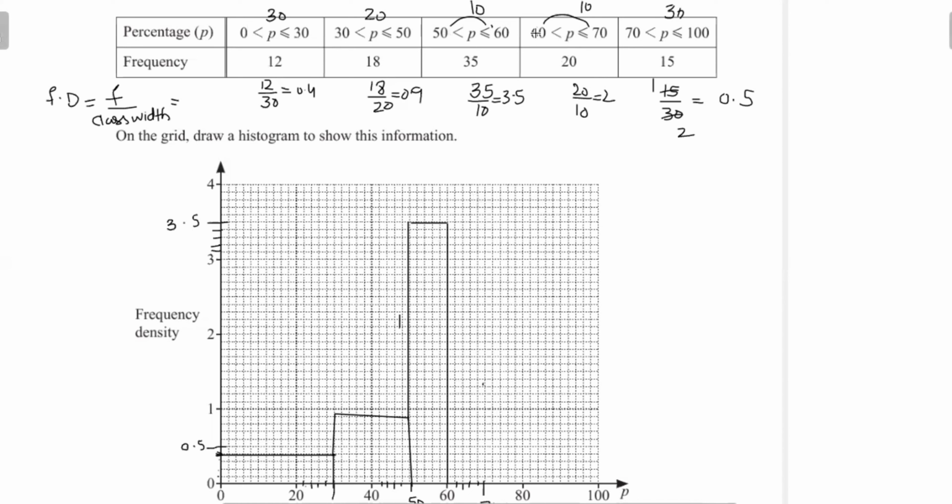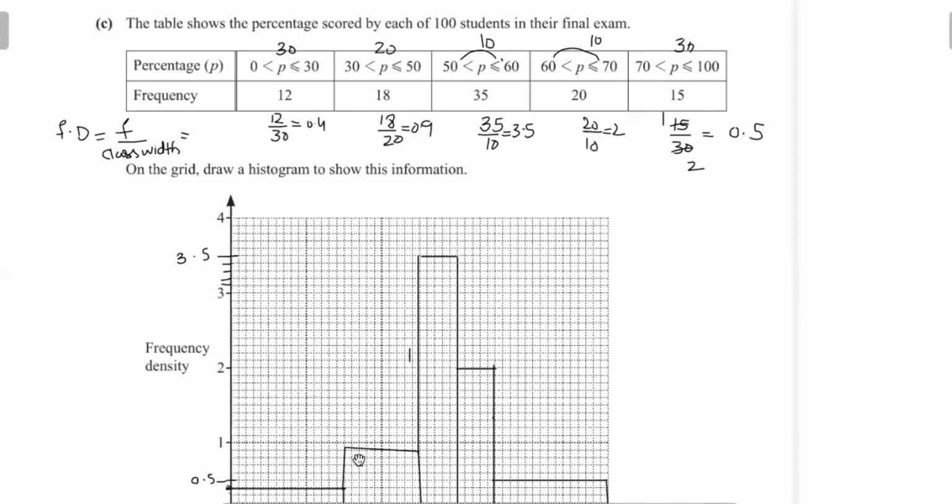Next is the width 60 to 70 and the height will be 2. And the next bar has height 0.5 and the width is 70 to 100. And this is the histogram.